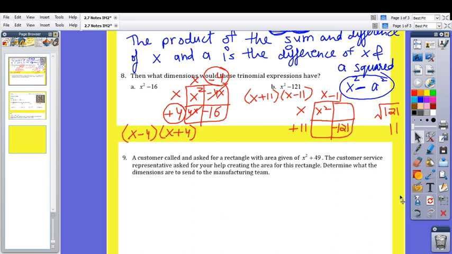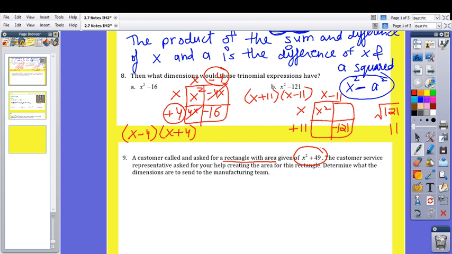Okay. Now, it is asking, one of the customers called and gave the rectangle area as x squared plus 49. Now, is it possible to create that rectangle quilt?